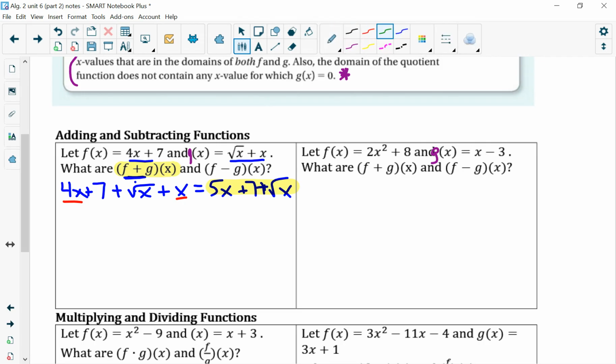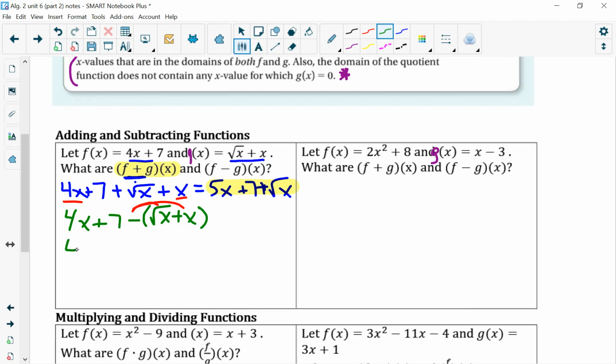Now let's take a look at f minus g of x. So now I'm going to take my f function, which is 4x plus 7, and I'm going to subtract my g function, which is the square root of x plus x. So I'm taking away that entire function. Here I need to distribute my negative through.